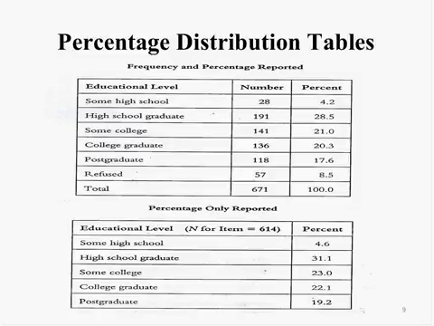And if you included those that refused, that's 4.2%. But if you leave those out, that 28 divided by the new denominator, 614, gives you a higher percentage of 4.6%. And that's how each of the numbers in the table at the bottom of the slide were derived. In either case, both sets of percentages add to 100%.